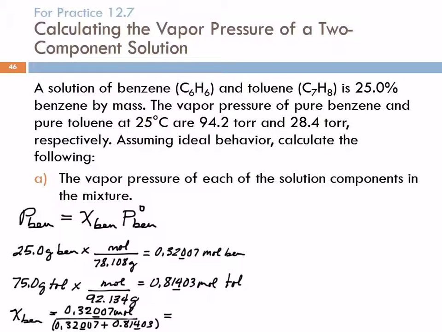And that comes out to be 0.28222. That's the mole fraction for benzene.